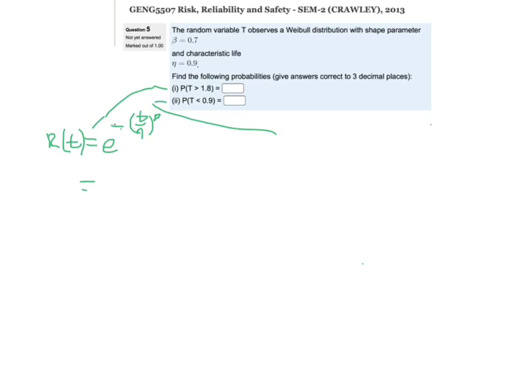So we've got e to the minus, and we want greater than 1.8, so 1.8 over eta, which is 0.9, all to the beta, which is 0.7.